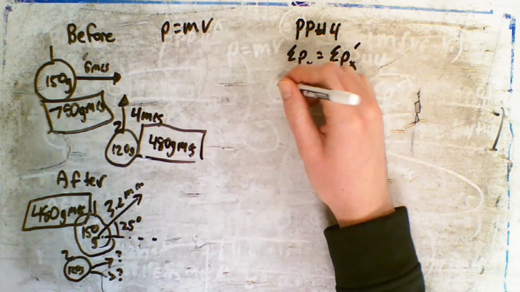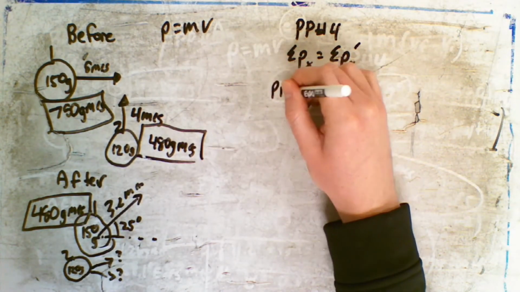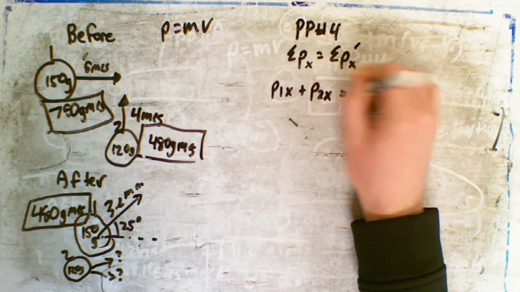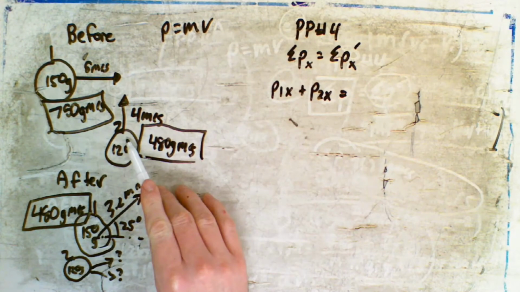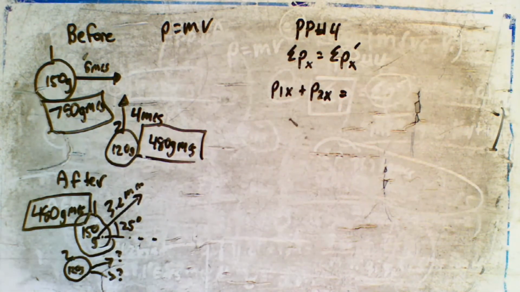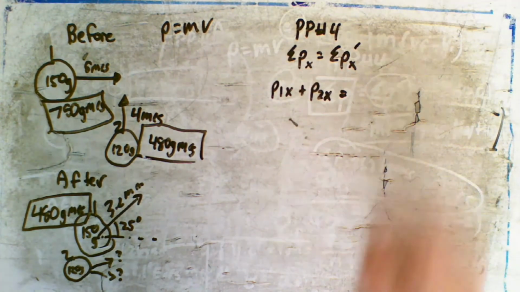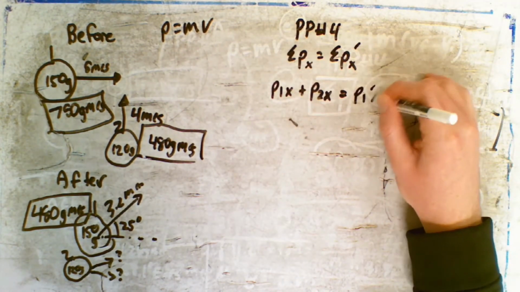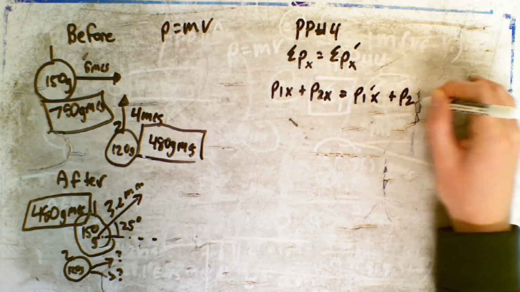We have momentum of 1 in the x, and we have momentum 2 in the x. And I know a lot of you might be saying, well, this has no x, it's going straight up. Just put it in there. It'll turn out to be 0 anyway, just because it makes life easier in our calculator after, right? And then after, we have 1 in the x after, and 2 in the x after.